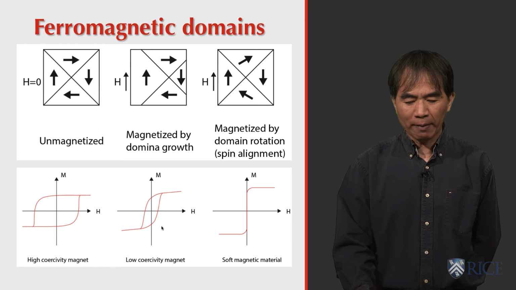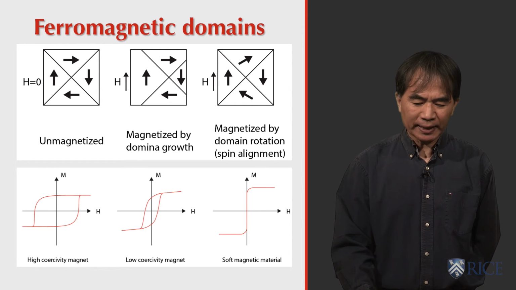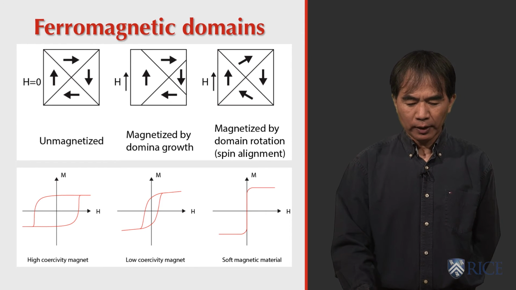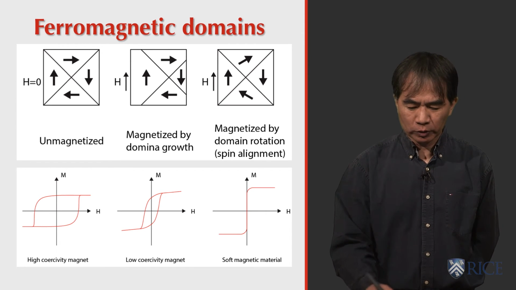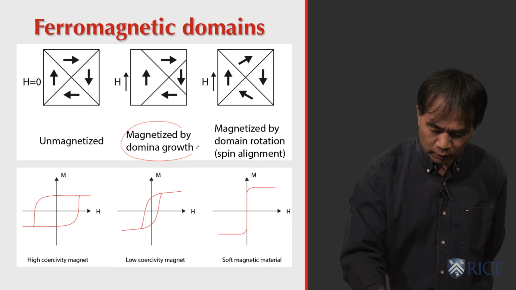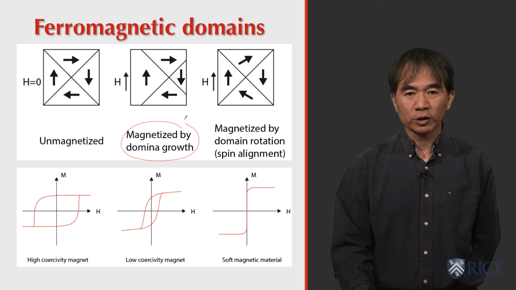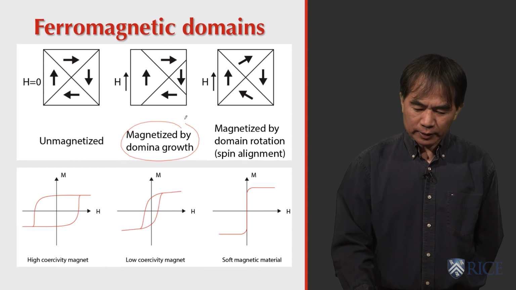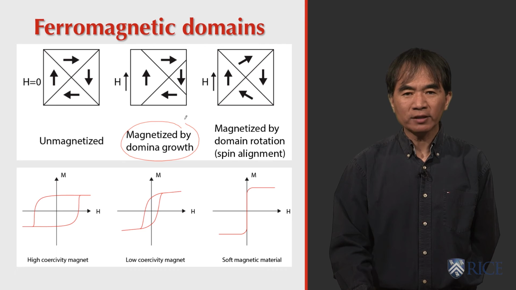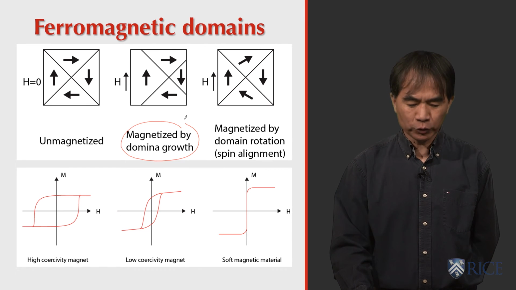So in the case of a ferromagnet, as we said, in the unmagnetized case the total magnetization is 0, and then you can apply magnetic field, and you have this so-called domain growth. And then finally, you can completely magnetize the system when it forms a completely aligned system. The size of the field you will need to saturate the moment direction is called the saturation field.